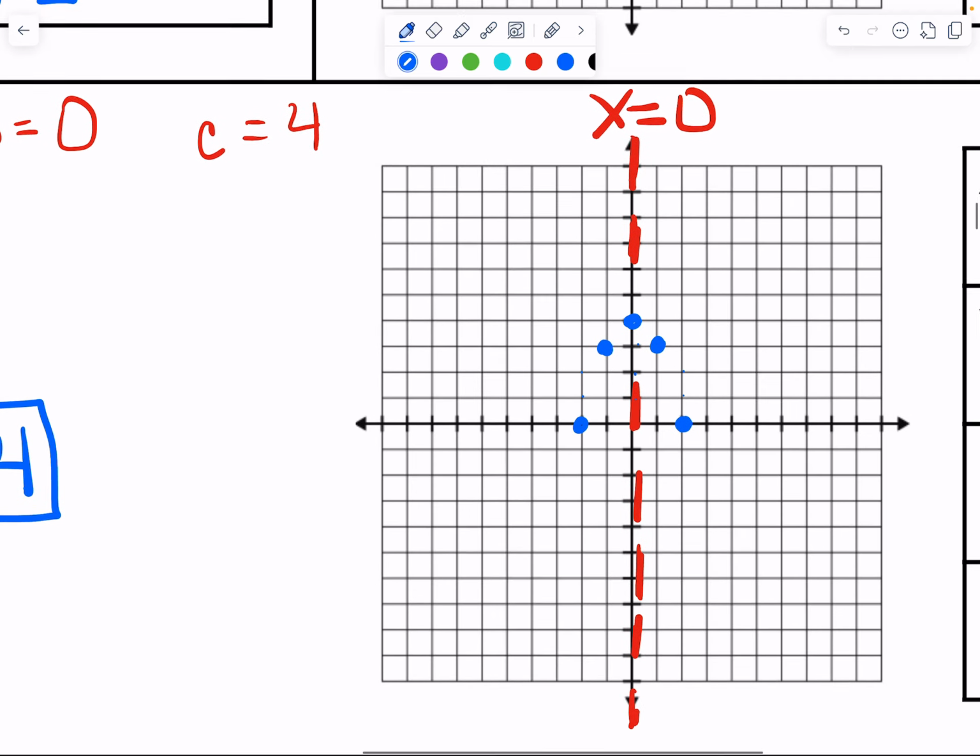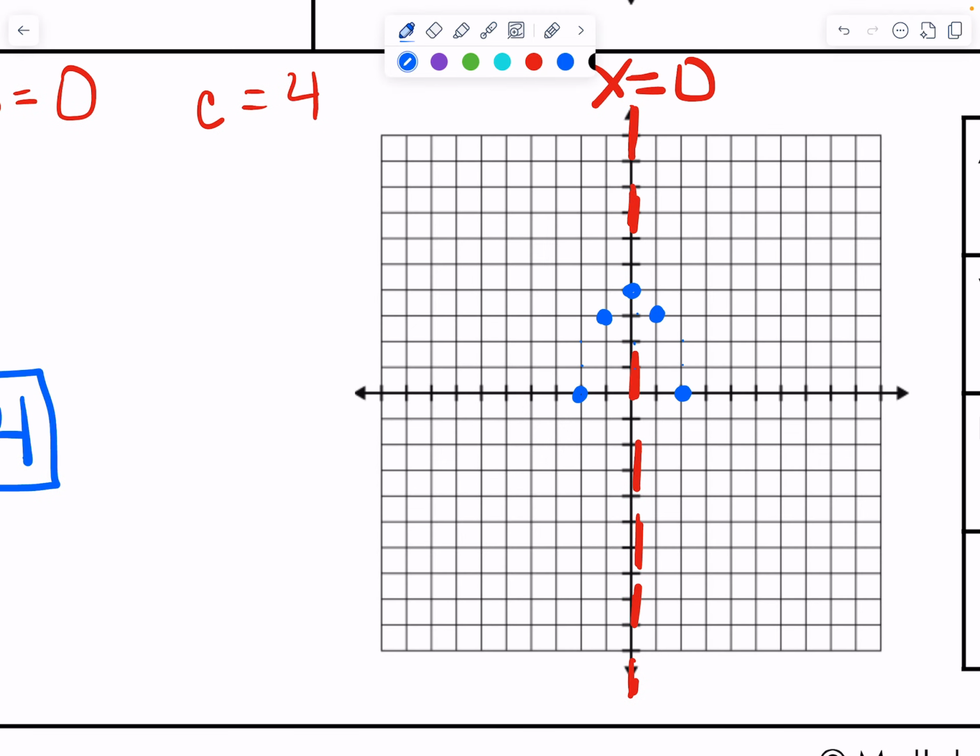Then negative 1 times 5 is negative 5. So left 1 and down 5, right 1 and down 5. Okay, so we still see that U shape. We still see that parabola. This time the parabola is facing downward because it was a negative a value.